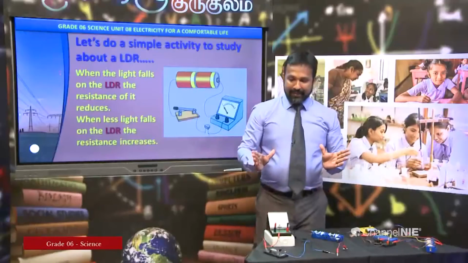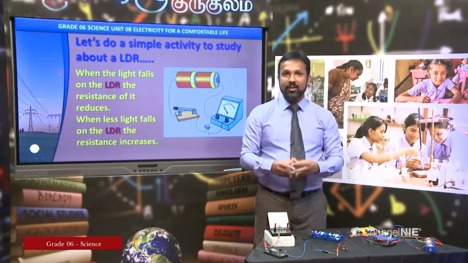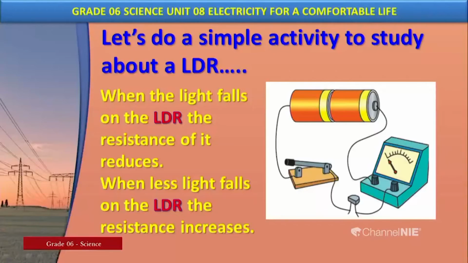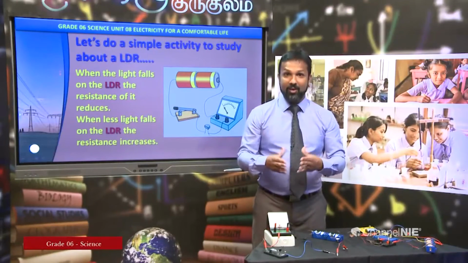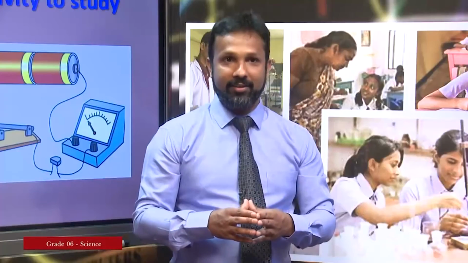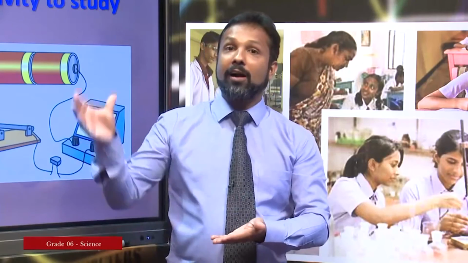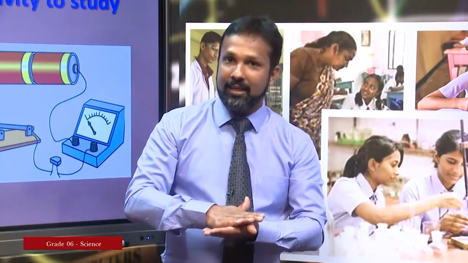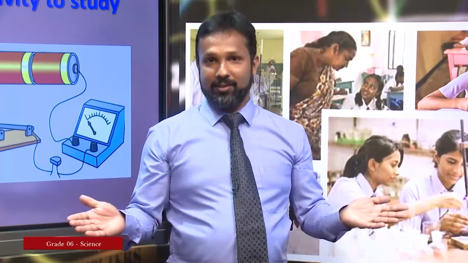Through this simple activity, you can realize that LDR is an electronic device in which the resistance depends on the amount of light falling on it. So we can summarize that. When light falls on the LDR, its resistance decreases.